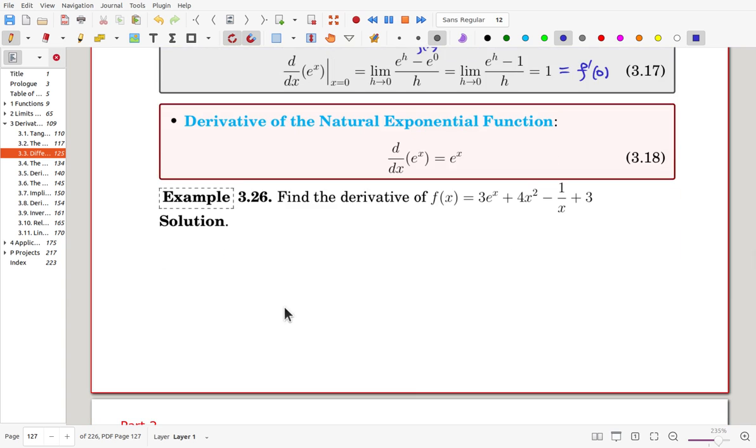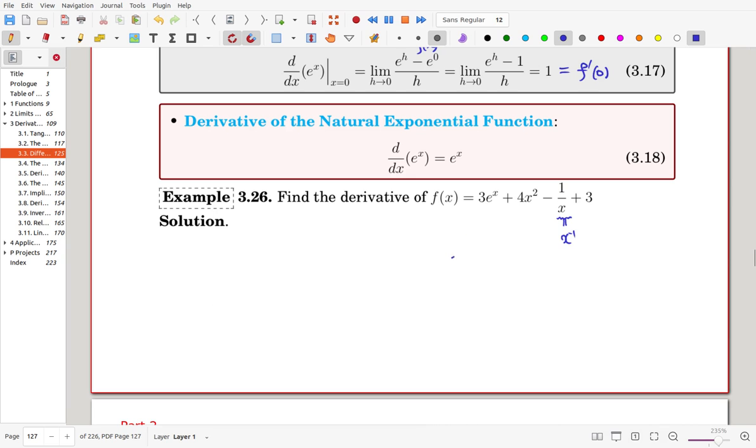Okay, with that knowledge, let's try to solve this problem. Find the derivative of the given function. Now again, that is 1 over x, which is basically x to the minus 1. So we can use the power rule for this term.